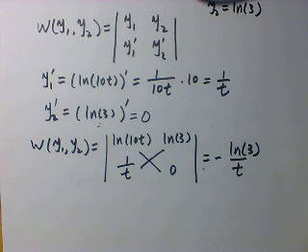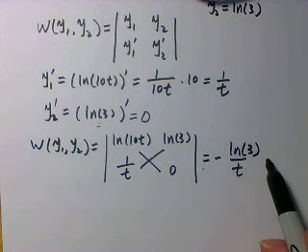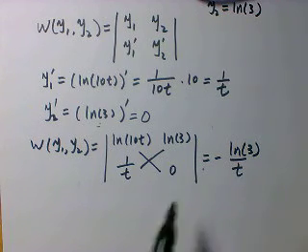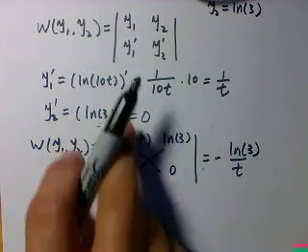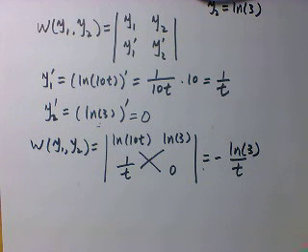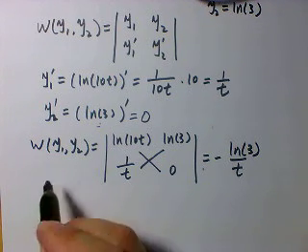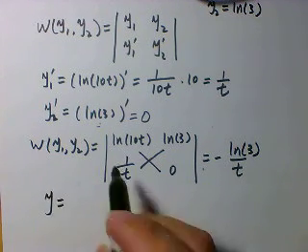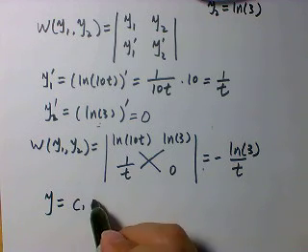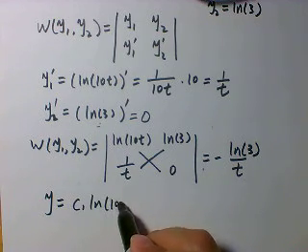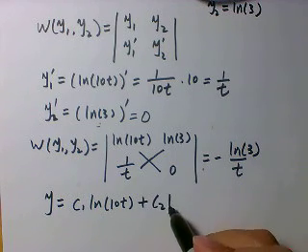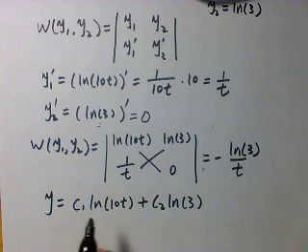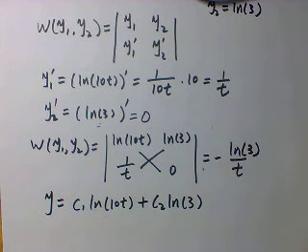Now, since we know the Wronskian doesn't equal 0, that means we can construct the general solution for this ODE, right? We can write it as y equals c1 ln 10t plus c2 ln 3, and this is the solution of this ODE.